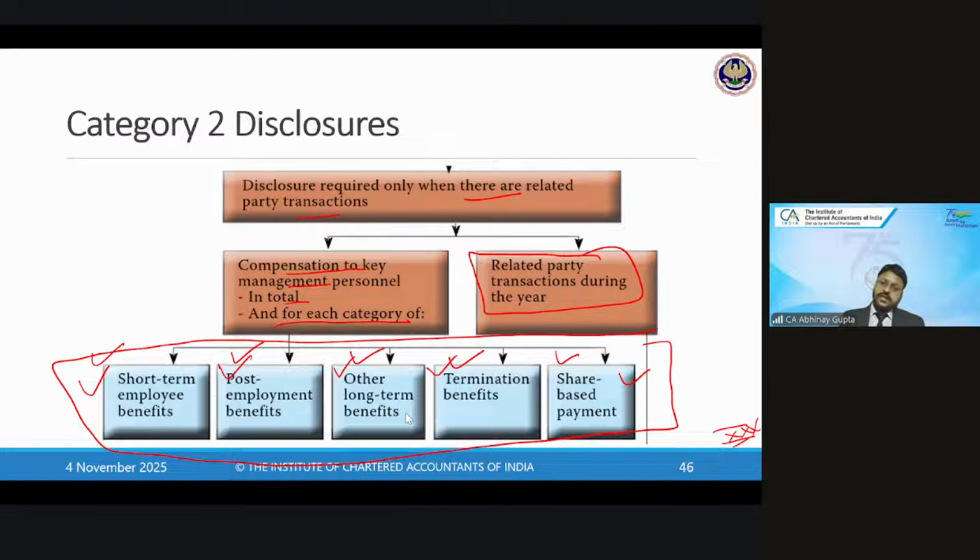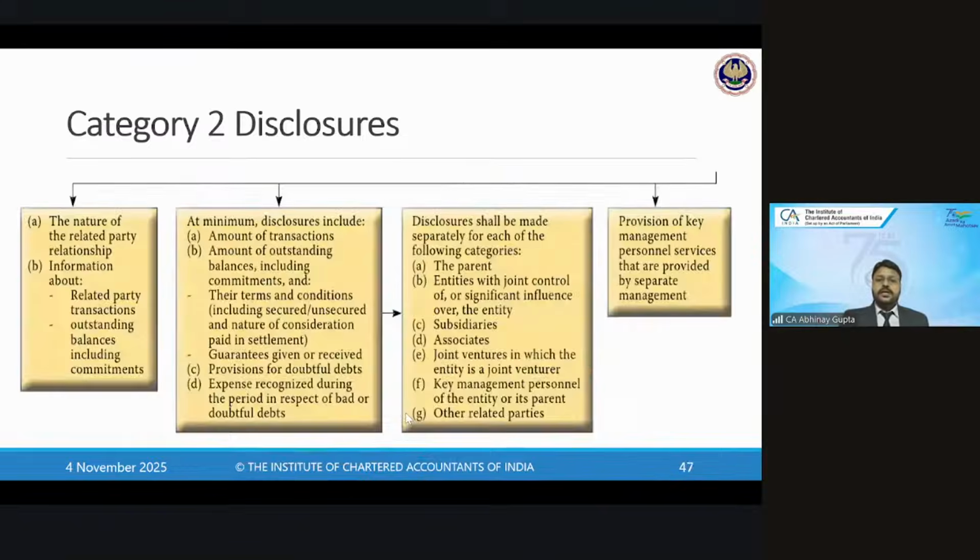If the transactions are there with any party which appears to be a related party within any of the definitions or the clauses, then those related party names, nature of relationship, and the transaction and the balances need to be disclosed, right? So category 2 disclosures are the nature of the related party relationship and information about the related party transaction and the outstanding balance, including commitments.